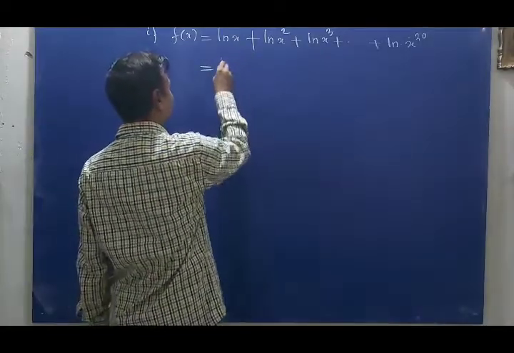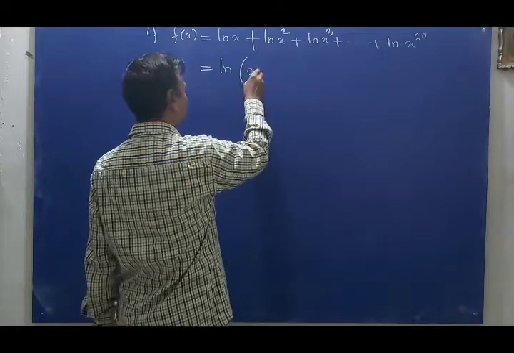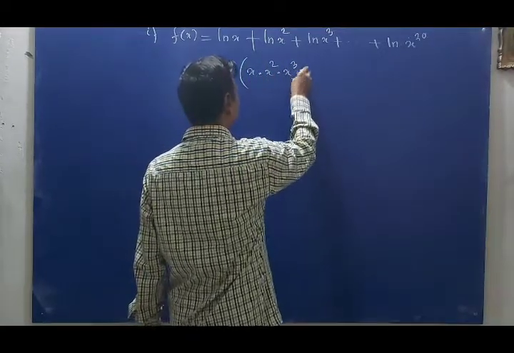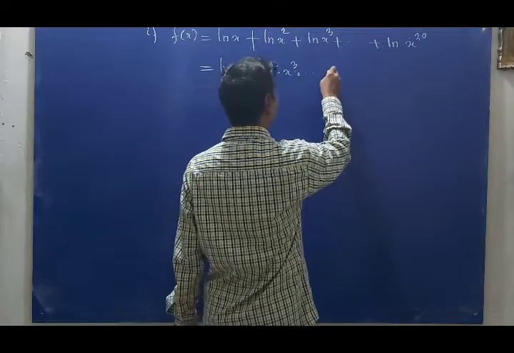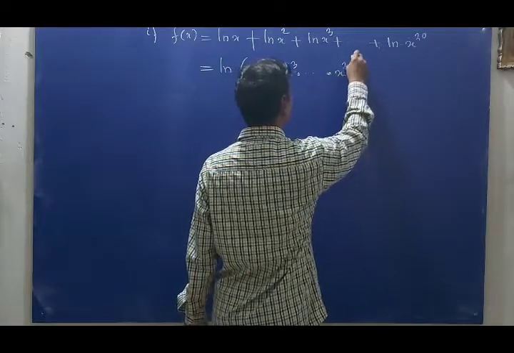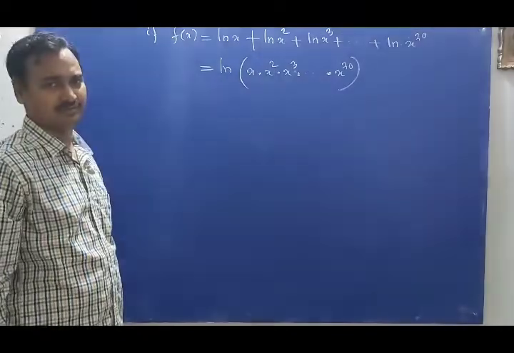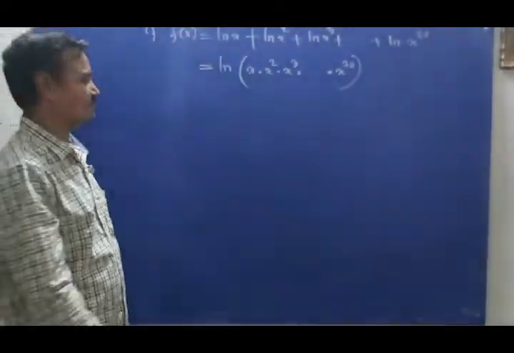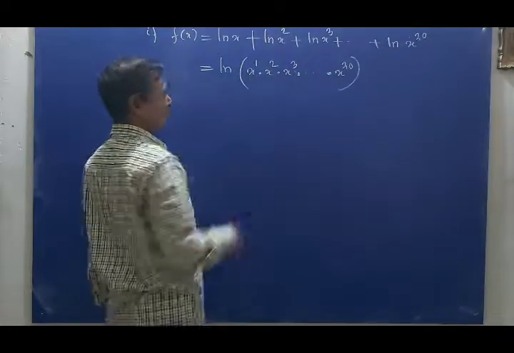Ln of x into x square into x cube into and so on up to x to the power 20. X means x to the power 1.